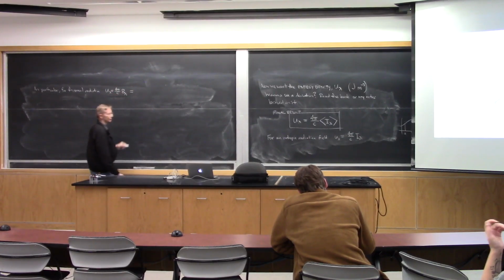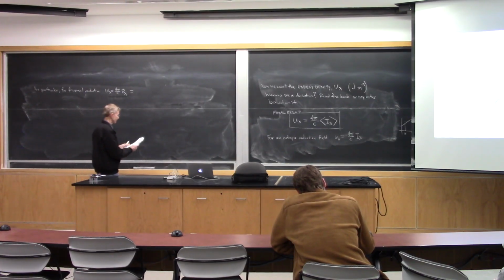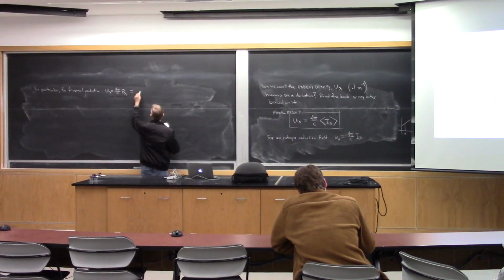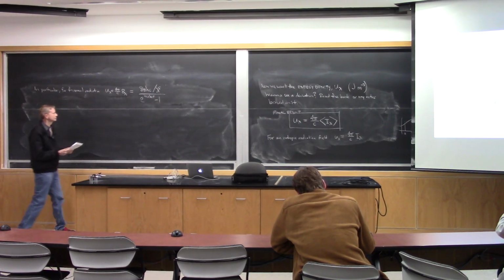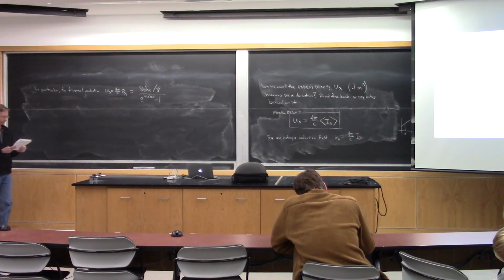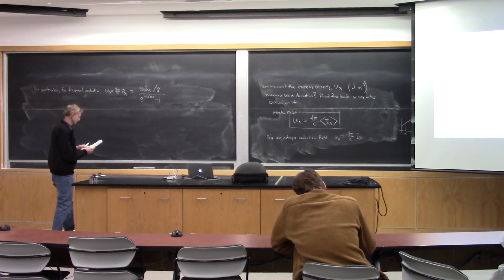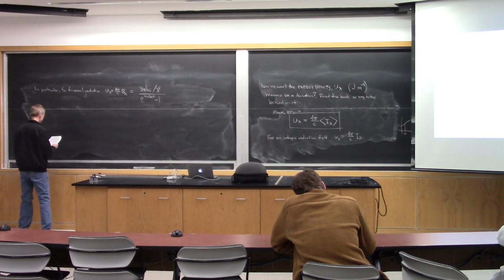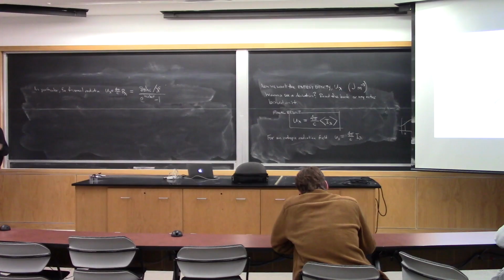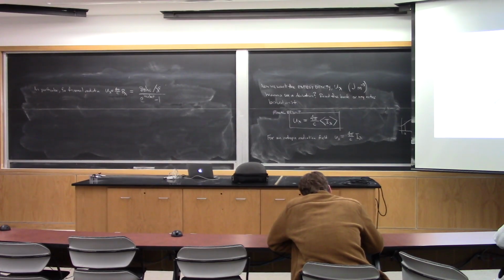We have an expression for B lambda, so multiplying by 4 pi over c gives us 8 pi h c over lambda to the 5th power divided by that magic denominator, e to the hc over lambda kT minus 1. That's the energy density in thermal radiation.